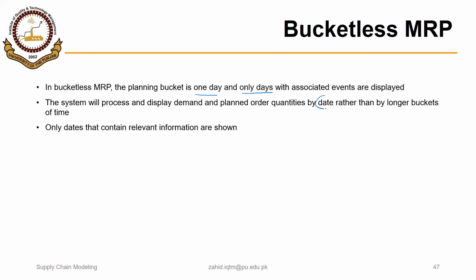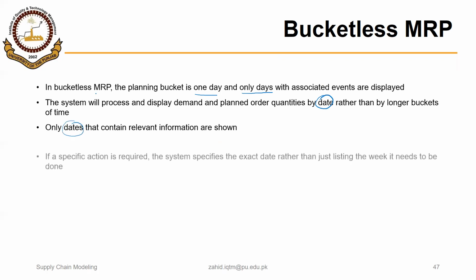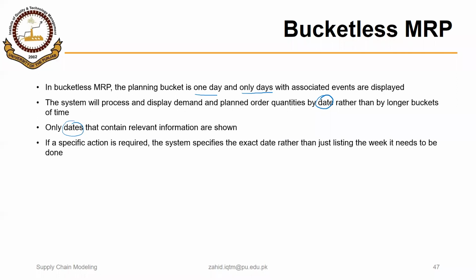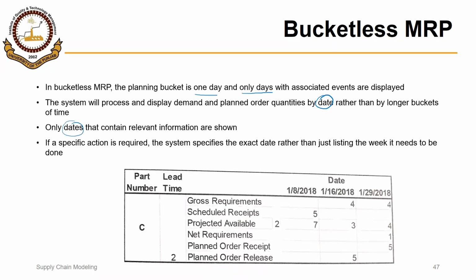So here we focus on dates, not on days or weeks. Only dates that contain relevant information are shown, so the top column has dates. If a specific action is required, the system specifies the exact date rather than just listing the week it needs to be done.